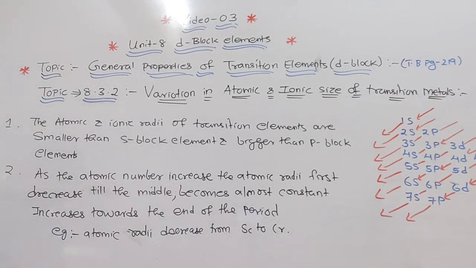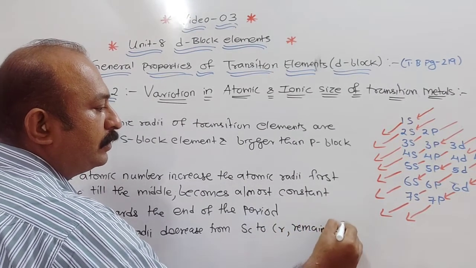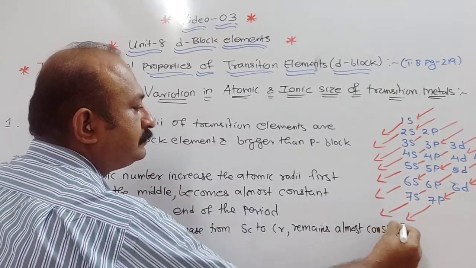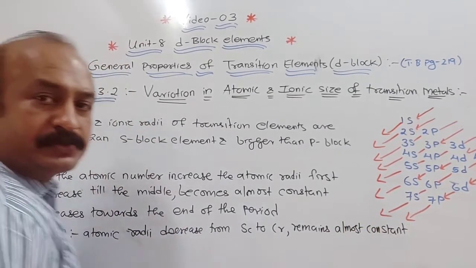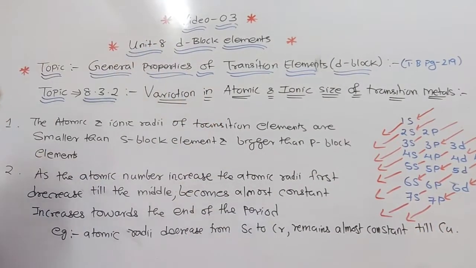Understood? Then they remain almost constant till Cu. You can read that, no? Remain constant till Cu and then increase towards the end.